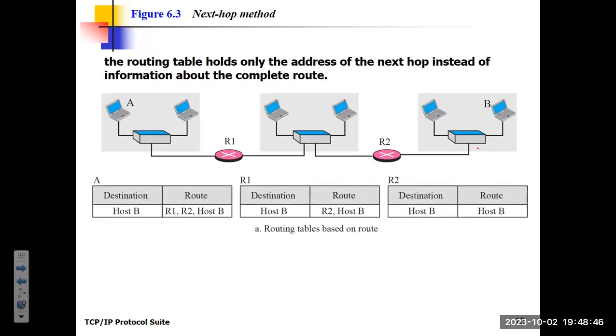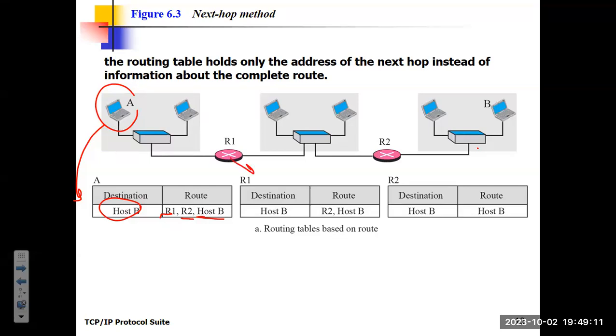So that is the routing table based on the route. Computer A has this table, correct? This table is telling me if you want to go to host B, what I have to do. You have to go through R1, then R2, then you reach host B.